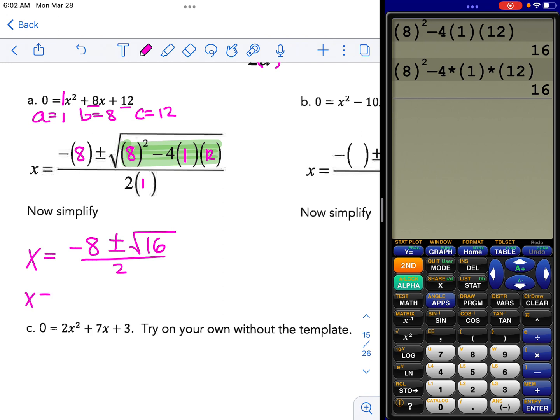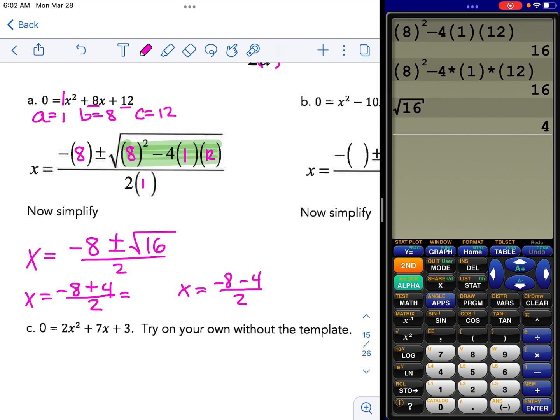So that leads to x equals minus 8 plus, and then the square root of 16. If you don't know the square root of 16, go ahead on your calculator and type it in. It's 4. So 8 plus 4 over 2. And x equals negative 8 minus 4 over 2.